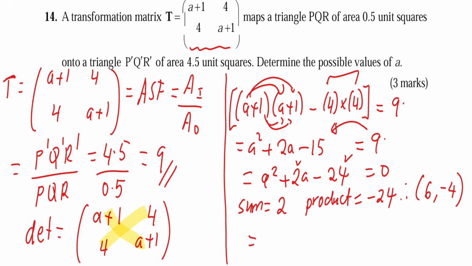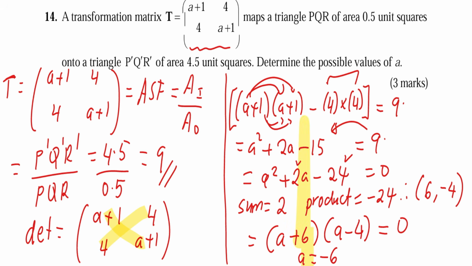So basically, if you factorize, it should give you something like A plus 6 and A minus 4, equal to 0. So at the end of the day, A is equal to negative 6. Just change the sign of this one, because if you take A plus 6 equal to 0, 6 moves here, A will be negative 6.